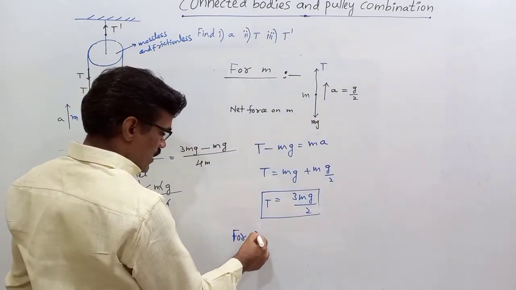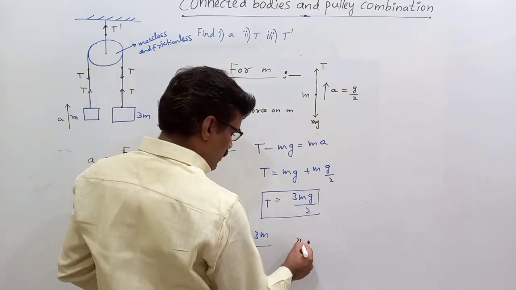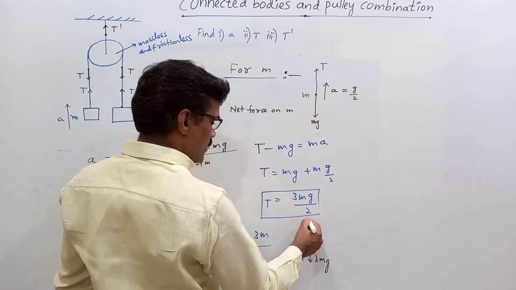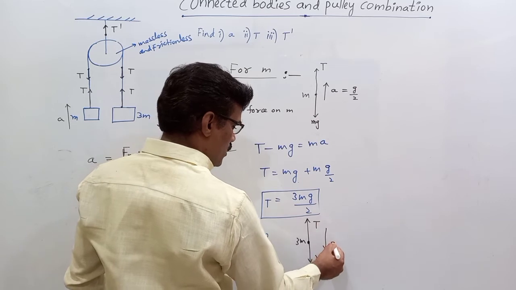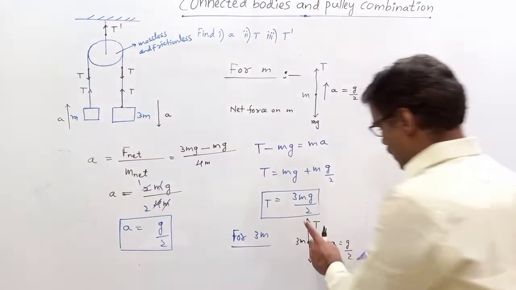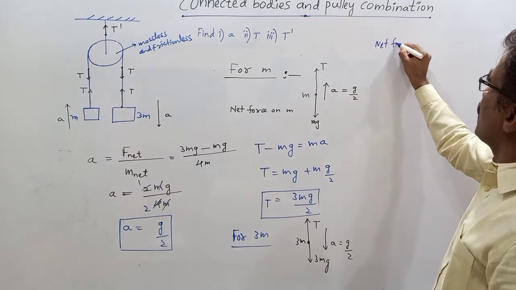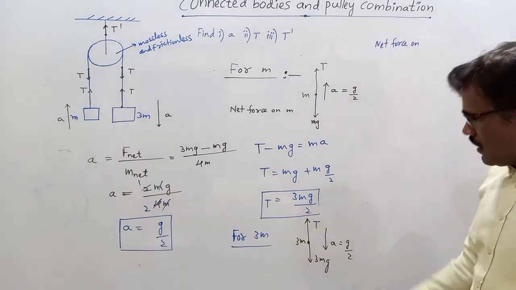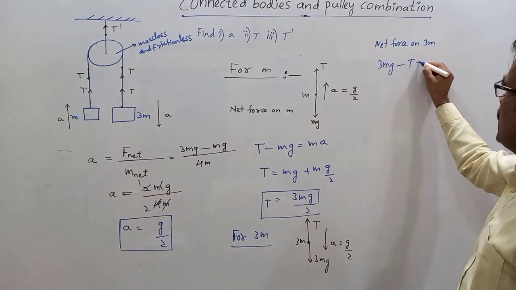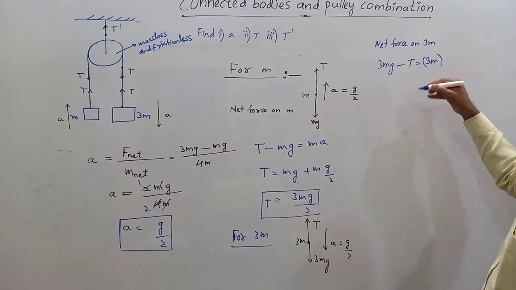Then for 3M, FBD for 3M, how many forces are acting on 3M? On 3M, its weight is acting vertically downward, 3mg. Tension in the string is acting upward, but it moves downward with acceleration g by 2, sir. Then using the free body diagram, net force on 3M is 3mg down minus T up, so 3mg minus T equal to 3m, mass, into acceleration.